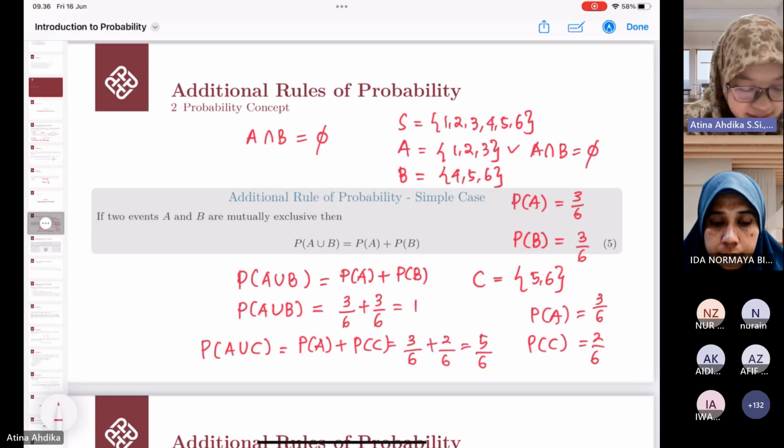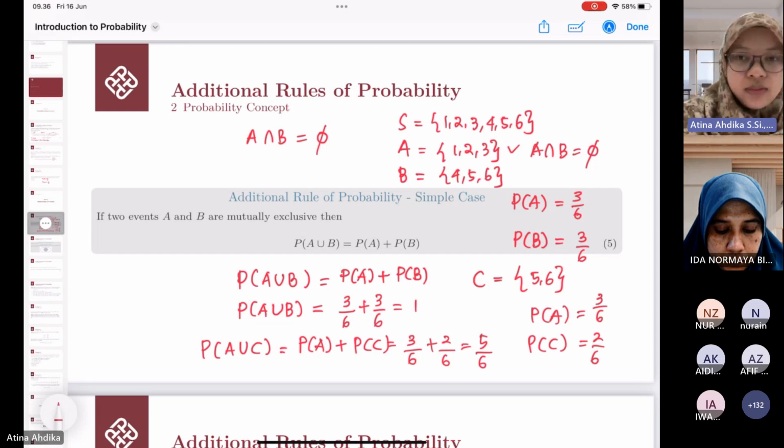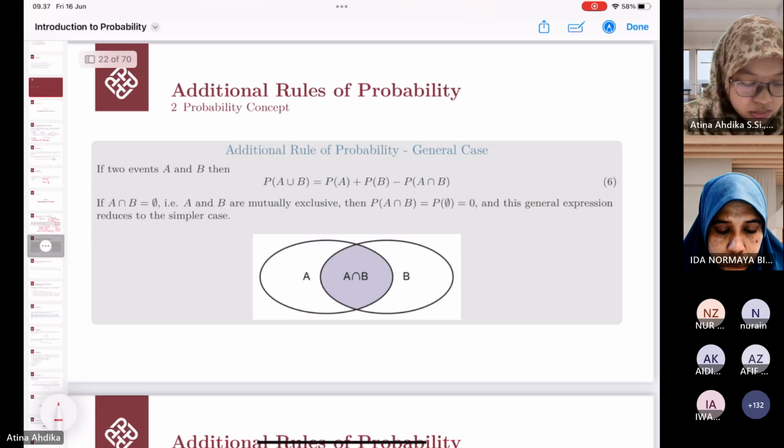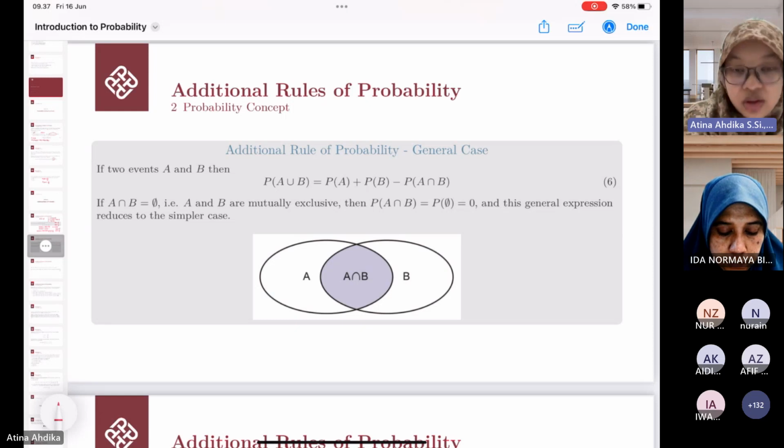Okay, I think it's quite easy. We can continue to the next discussion. Then we have the general case for the addition rule of probability, equation number 6.